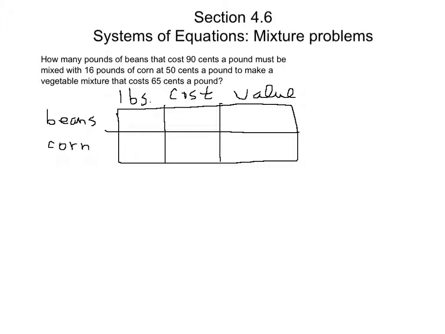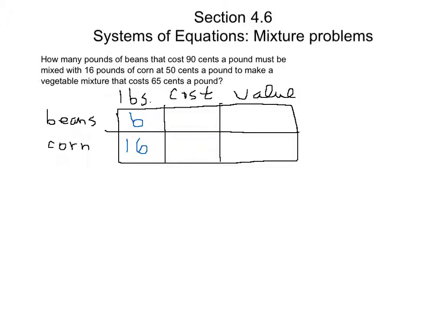So for the beans and for the corn, the things we need to know is how many pounds of each, what do they cost per pound, and what's the total value. The question was how many pounds of beans? That's the big thing, and that's B. And we're going to mix it with 16 pounds of corn.